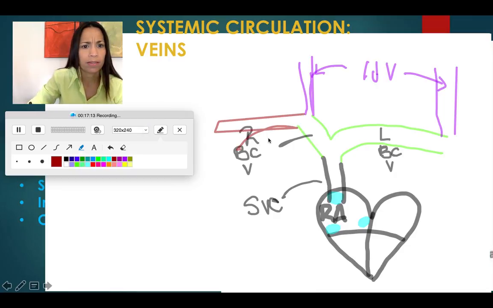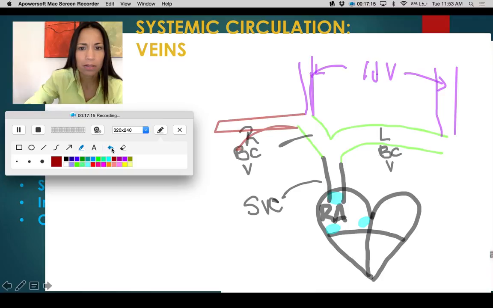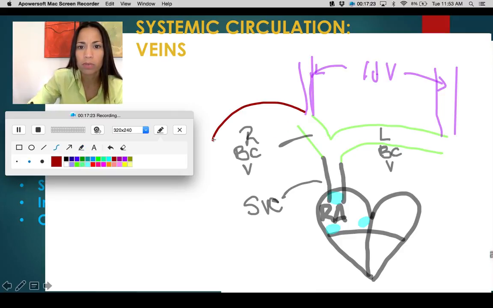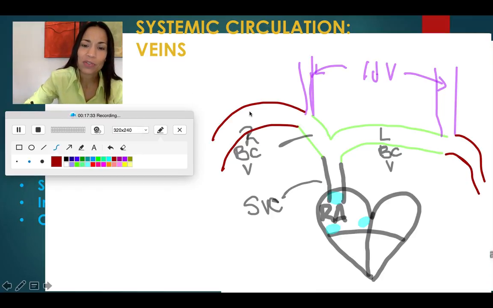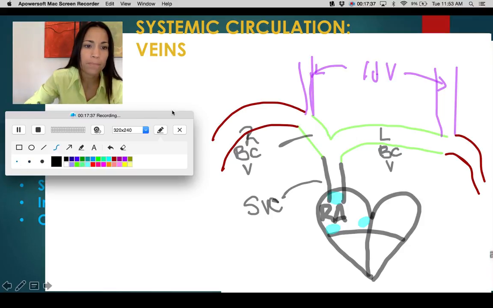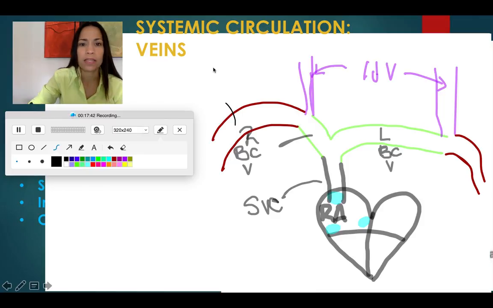we have, what's going on in here? Coming from your upper limbs, we have the subclavian artery. And this is nothing new for you, right?